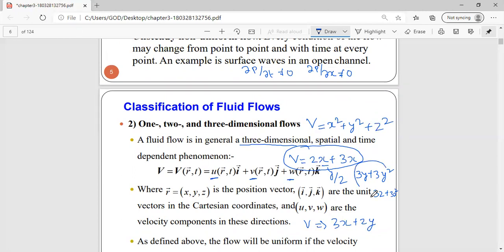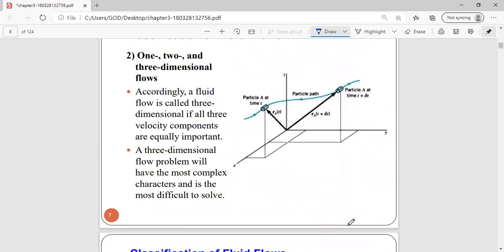All of those are called one-dimensional flows. If your equation contains velocity along x, along y, along z, then we call it three-dimensional flow. If your velocity has u, v, then we call it two-dimensional flow. Not exactly u, v; it may be v, w, or it may be u, w. Any two directional velocities involved in your mathematical modeling, then we call it a two-dimensional flow.